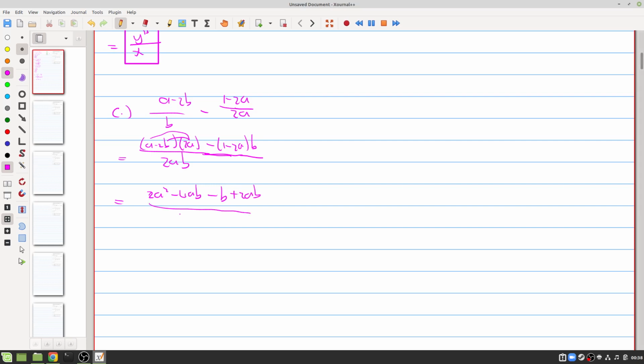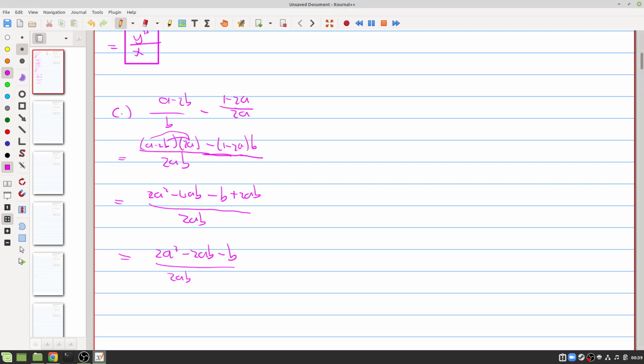All of this over 2ab. So now collect like terms at the top. So the 2a squared, we can just keep that. No other a squareds. Then the ab's. So we've got negative 4ab plus 2ab, that's going to be negative 2ab, and then minus b. And at the bottom we've got 2ab.